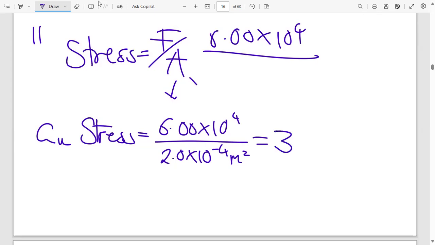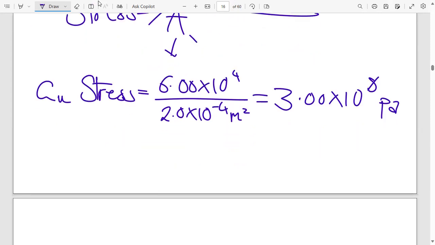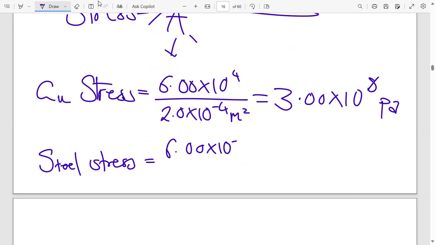Alright. So let's see. I've just found 3 for the first one.